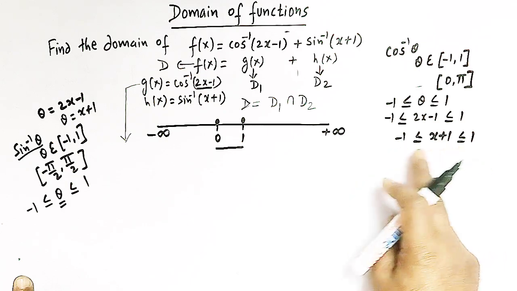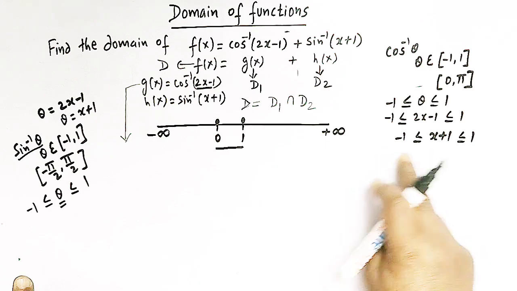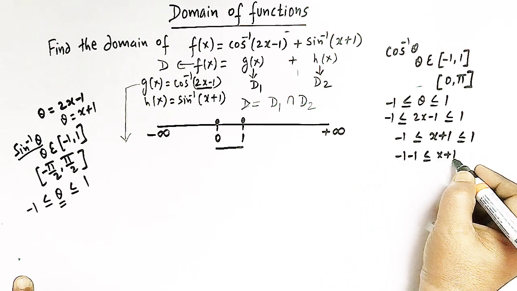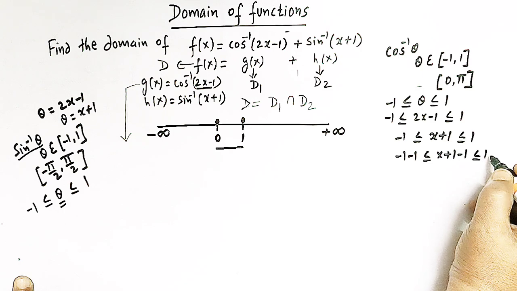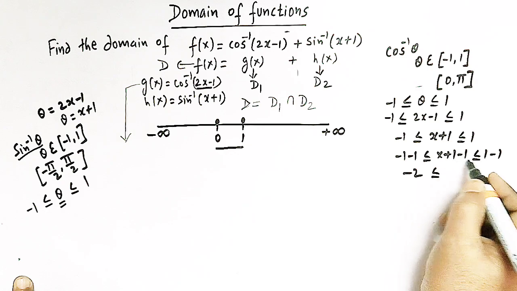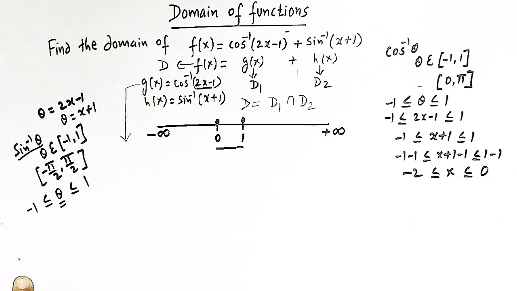We can now subtract 1 throughout. So we have minus 1 minus 1, here we have x plus 1 minus 1, and here we have 1 minus 1. So here we have minus 2, here we have simply x, and here we have 0, right?